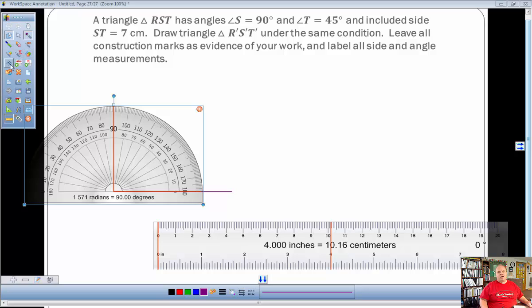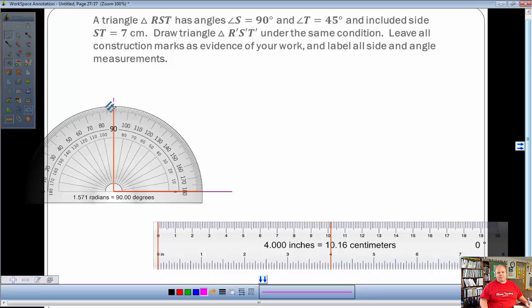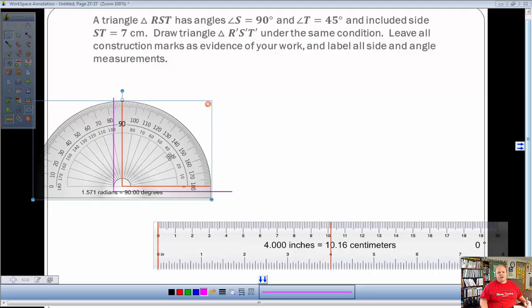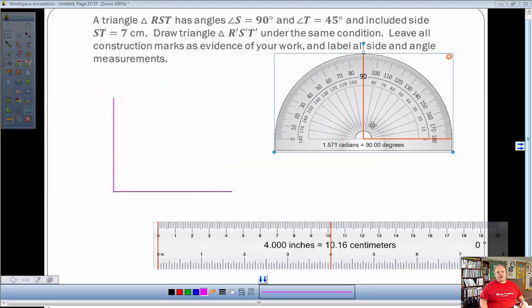So then I'm going to bring my line tool back out. Okay, that wasn't right, so we'll do it one more time. Okay, so I take that away, there's my 90 degrees.